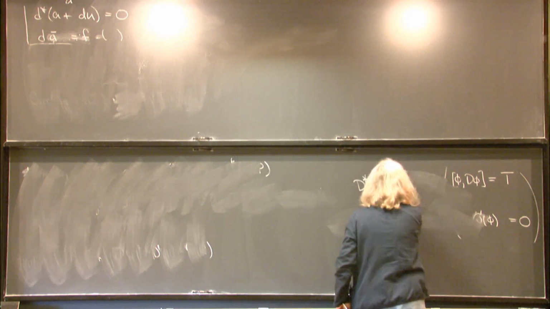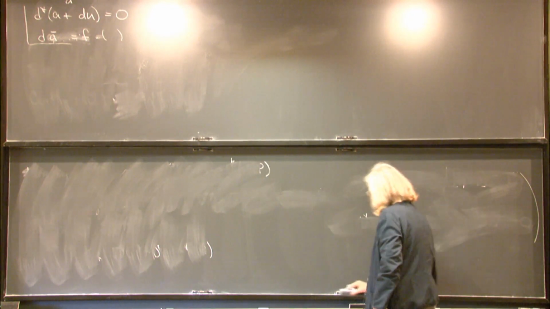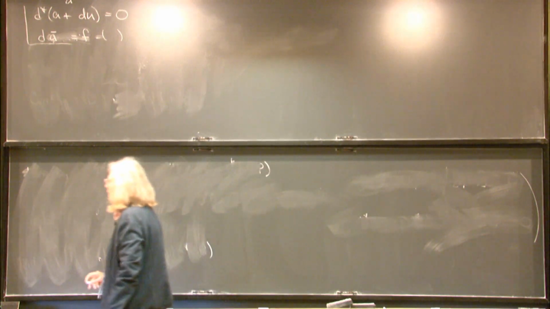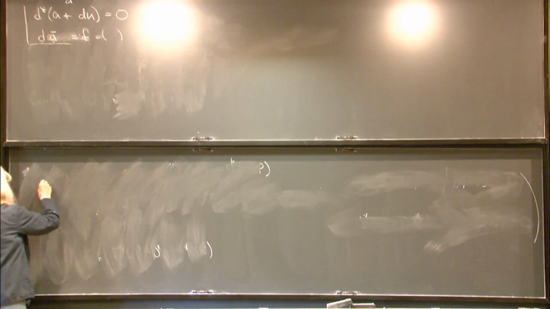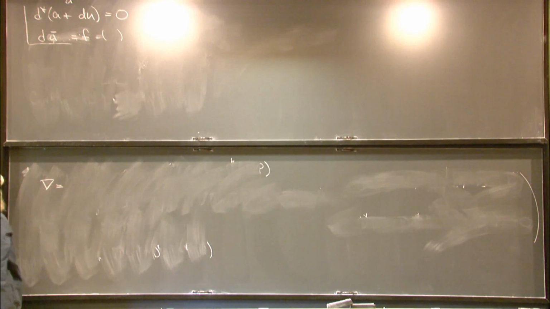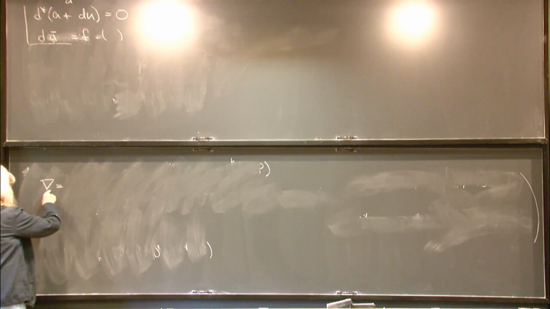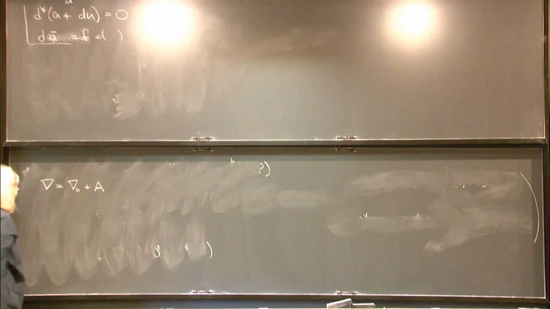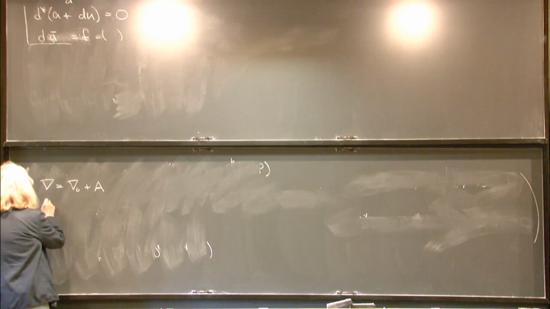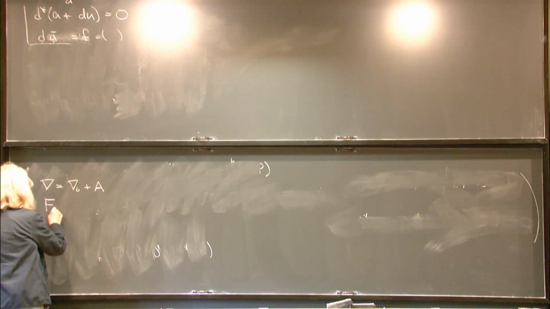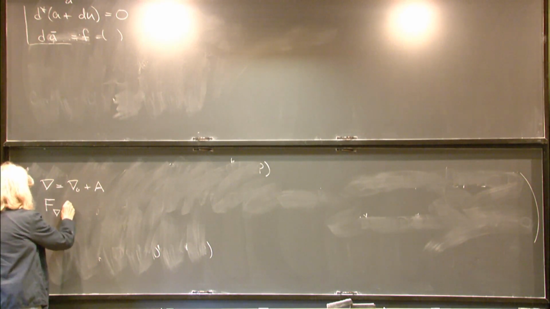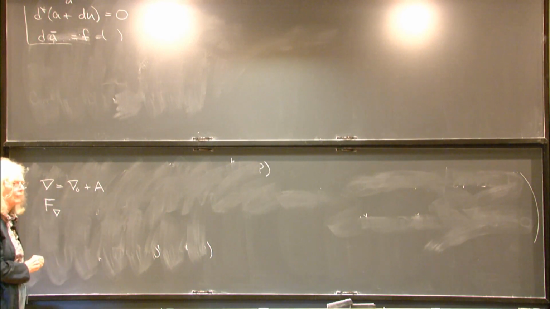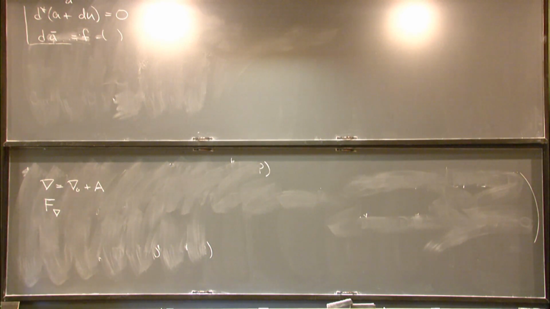What you think you might like to do is that you have a connection nabla, which is equal to some base connection plus A. And remember now A is a tensor because it's the difference of two connections. And I might want to say, well, clearly I have an estimate on the curvature of nabla. But we're no longer in the U1 case. Are we still in the U1 case now? No. I'm explaining why it won't work in the non-abelian case.